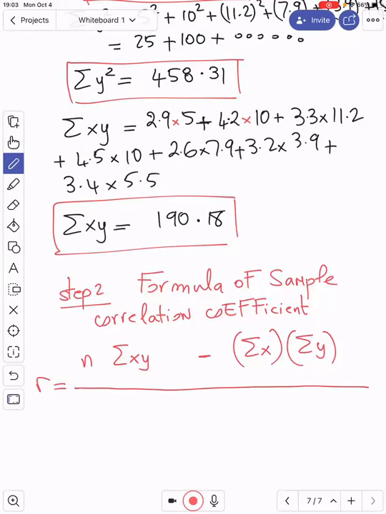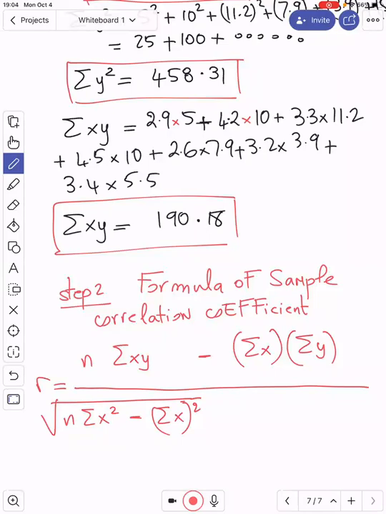Just be careful here. We're going to have two square roots. The first square root is the square root of N times the sum of X squared minus the square of the sum of X's. Again, everything here is under the square root.